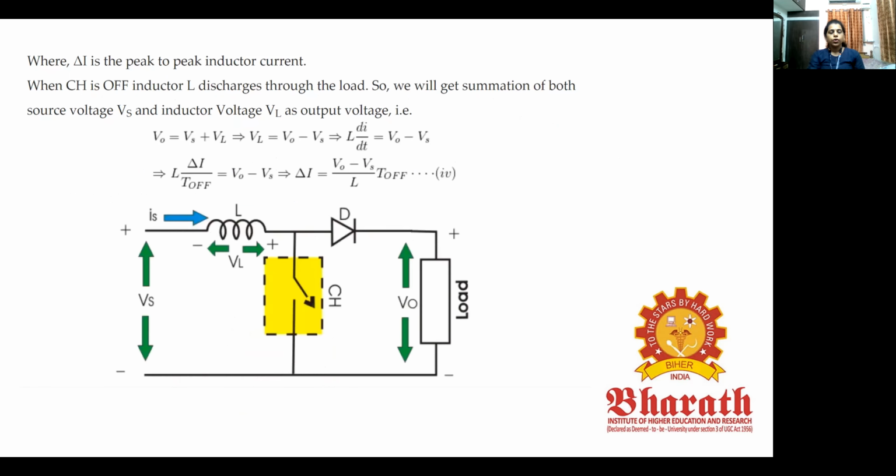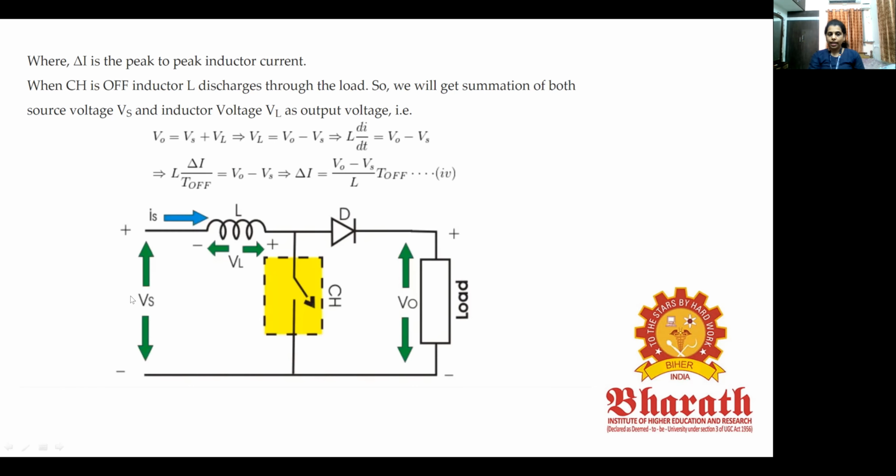Next step is we are going to turn off the chopper. So when the chopper is off, what happens? I said already that when the chopper is on, my inductor has completely charged with a voltage equal to Vs. And now we have turned off the chopper. When it is off, there will be no current flowing through this path.